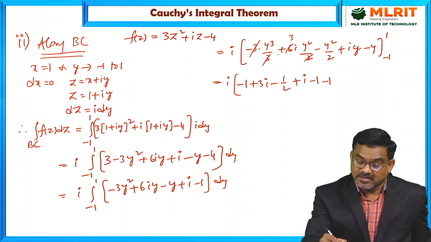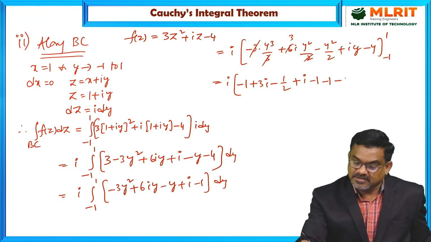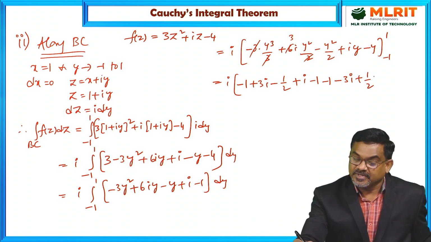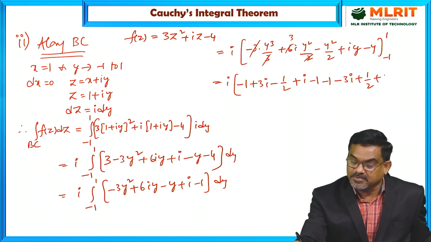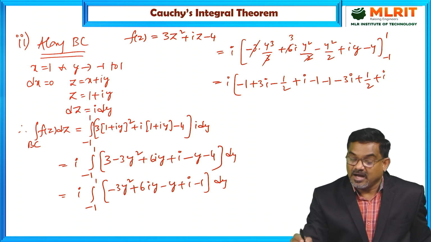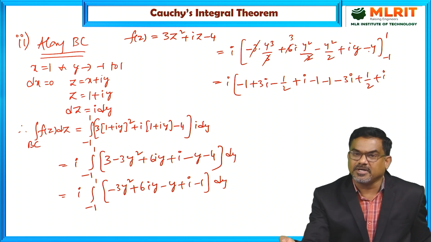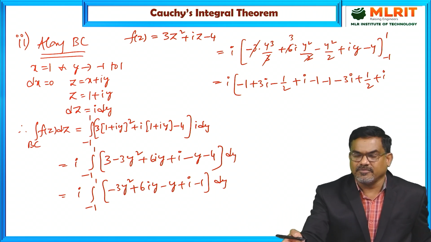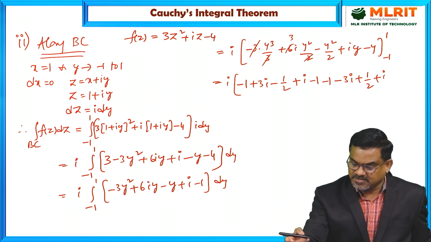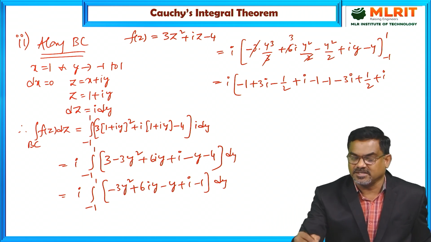Next, minus 3i, minus plus 1 by 2. Now again, for lower limit we get minus sign, and lower limit itself negative, so minus that becomes plus i. And here minus y, lower limit already negative sign will be there, so minus plus, but y itself again minus, so minus 1.